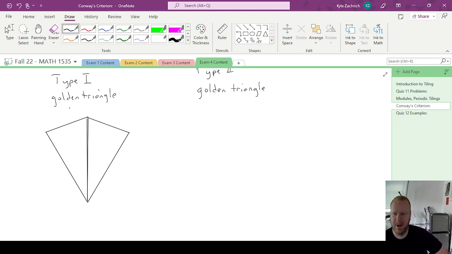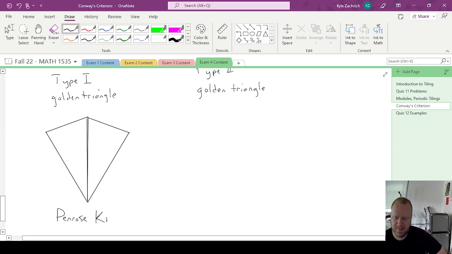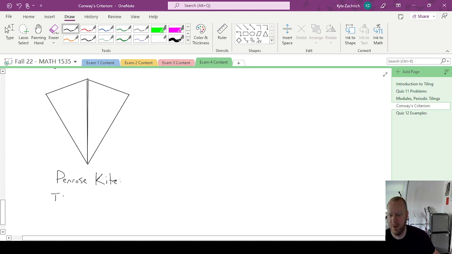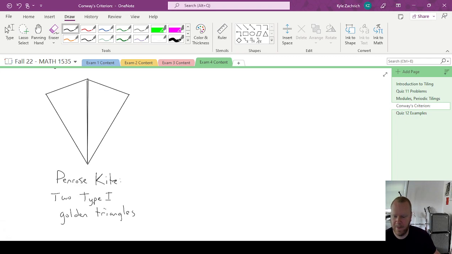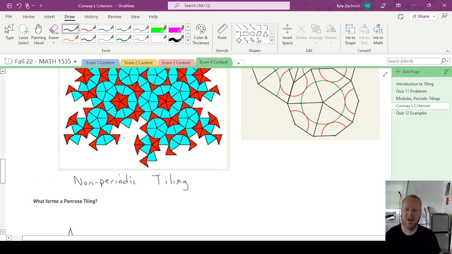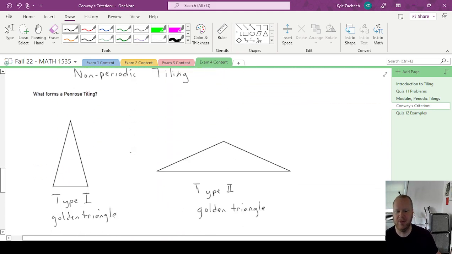If I put together two golden type 1 triangles, this is what forms what's called a Penrose kite. So a Penrose kite would be two type 1 golden triangles. That's a Penrose kite, and that's what makes up these blue shapes over here.